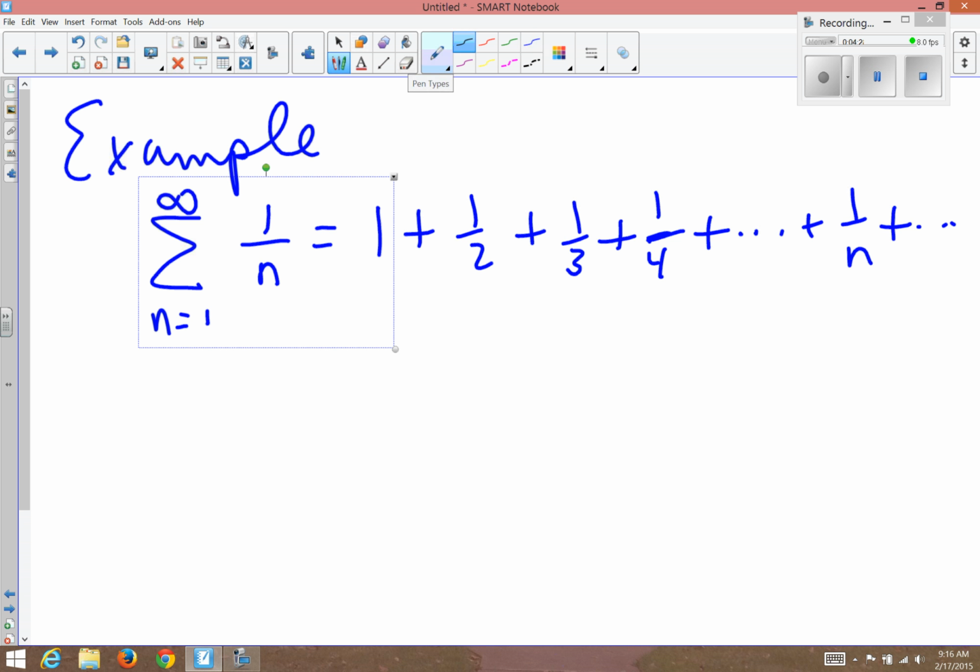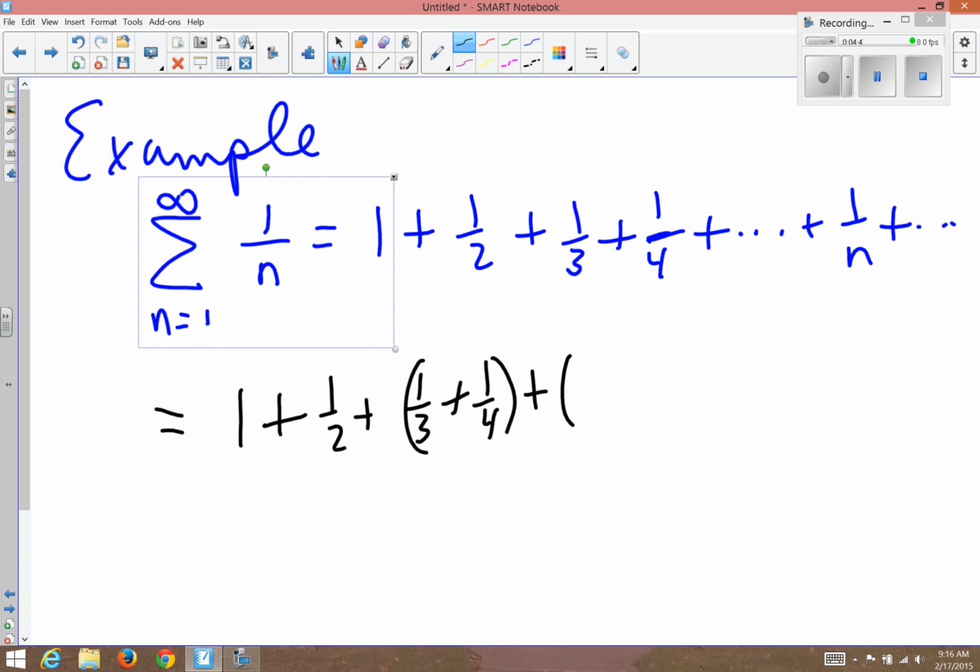This series can be grouped as follows: 1 plus a half plus, now I'm going to group these two like this, 1/3 plus 1/4.